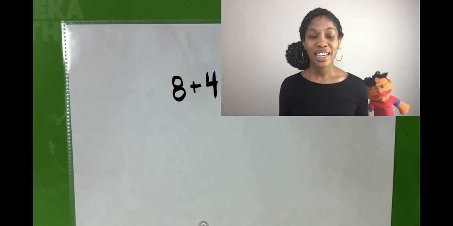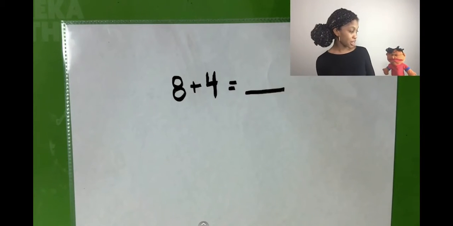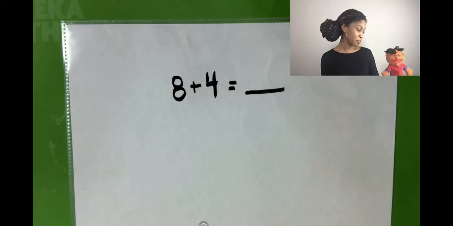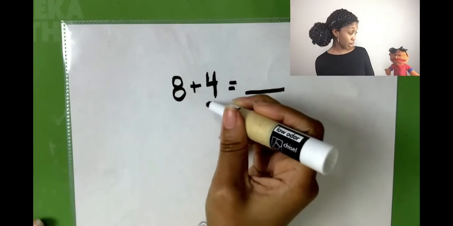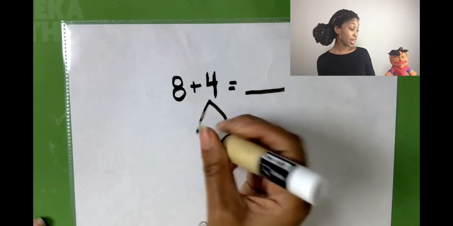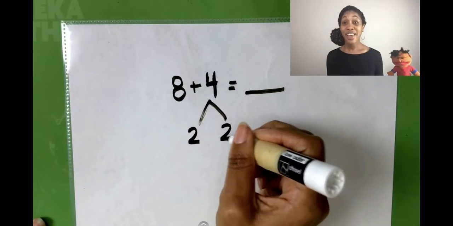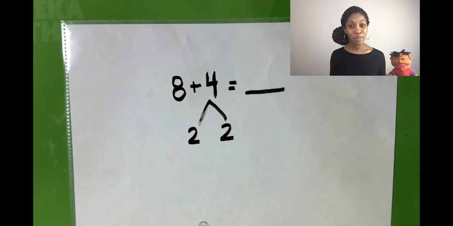Okay, so mathematicians, while Daniel was speaking, I was thinking a lot about the number sentences. Let's see if my number sentences match how you explained how you solved this problem. Okay, so to solve 8 plus 4, you broke apart 4 into 2 and 2. Then you wanted to make 10 because we know 10 is a friendly number.